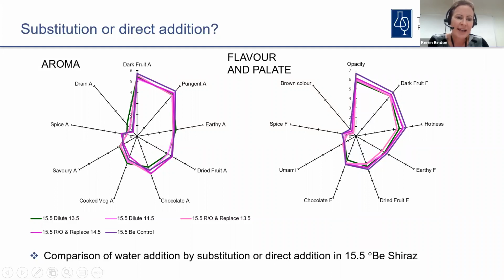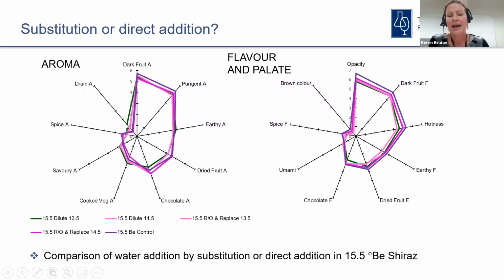And so what we see is that the green line here is in fact the highest water direct addition treatment, and the other lines which are closer together are the runoff and replace treatment and the juice substitution treatments. And what we were seeing here is that as one moves through to higher levels of water addition, including direct addition, there was an increase in this drain attribute, which we would really associate with a reductive off flavour or aroma.